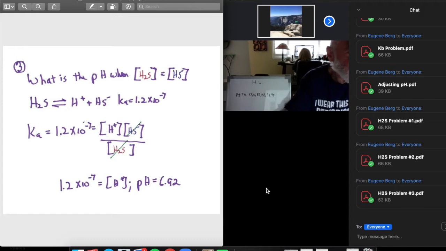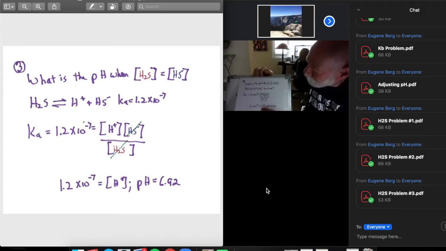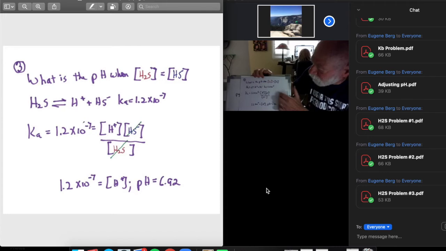Okay, so let me hold the chart for those of you that couldn't see this. We want a 50-50 mixture of the poison and the safe form. So here's the chemical system we're dealing with. You write the mass action expression, and notice if it's a 50-50 mixture, if they're equal, these cancel out, and that makes it really nice.